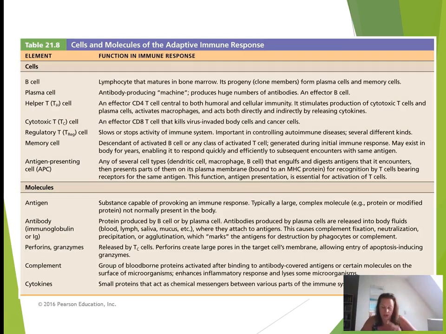Now that I'm remembering, I have already talked about that. And then this table, again, 21.8, a great overview, a good one to keep around as you're studying and learning, right?